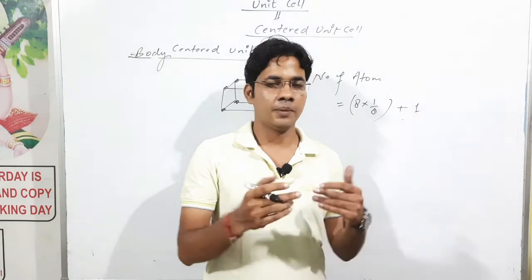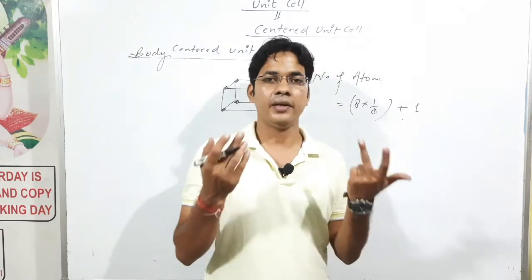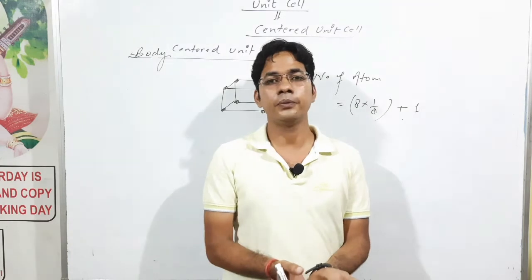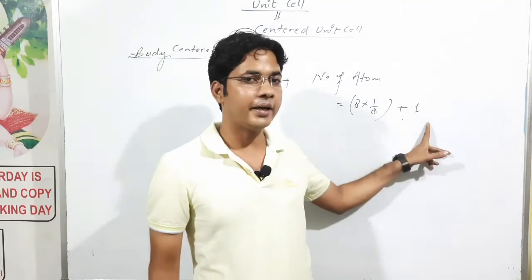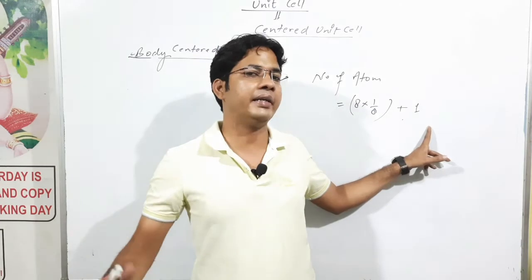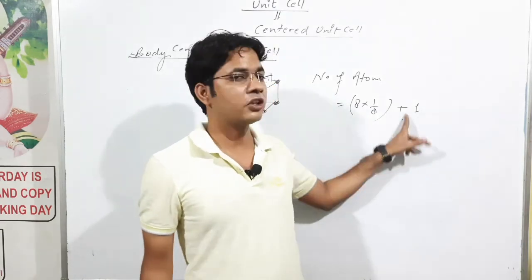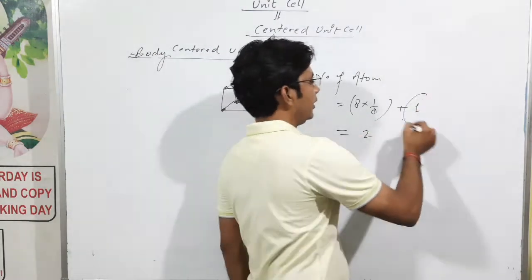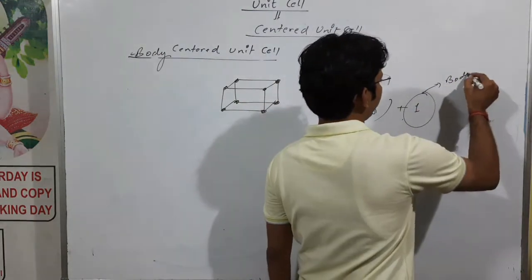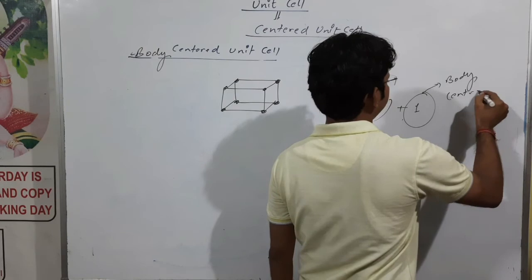Suppose you are an atom sitting in the center of your room, you do not belong to any other room. So this is the one atom which does not belong to any other unit cell and is not shared by any other unit cell. So the number of atoms will be 2. This is from the body center part.